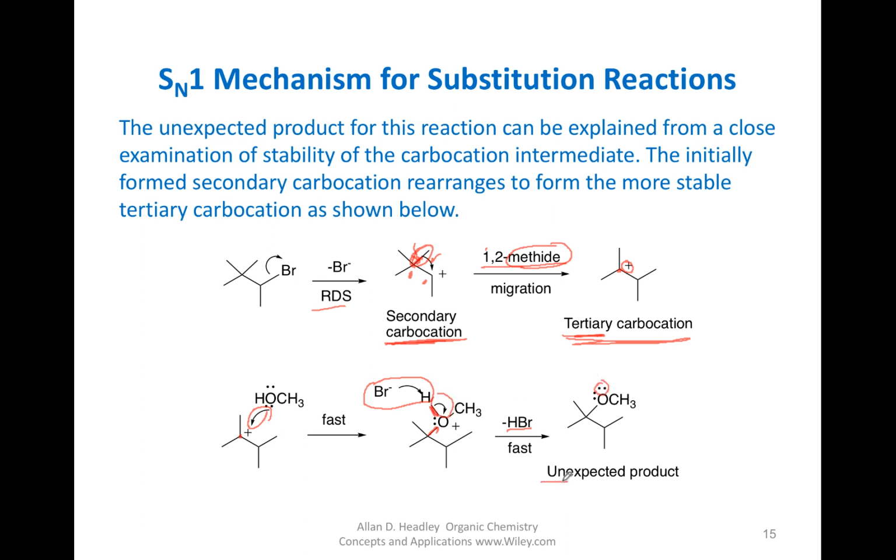So this is the unexpected product that's produced by the rearrangement of the secondary carbocation to form the more stable tertiary carbocation, which in a fast step goes to form the product.